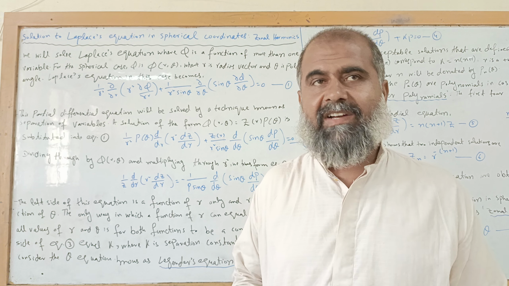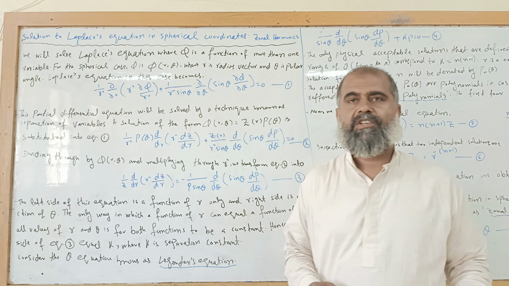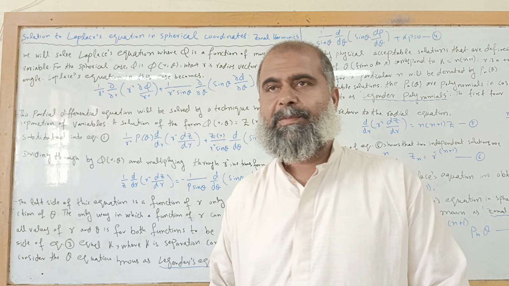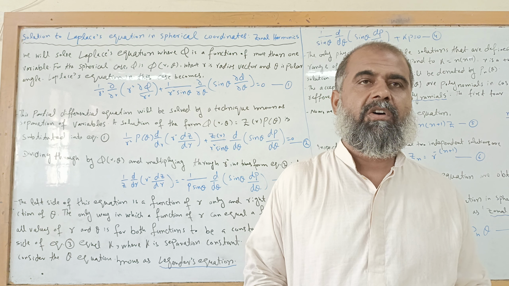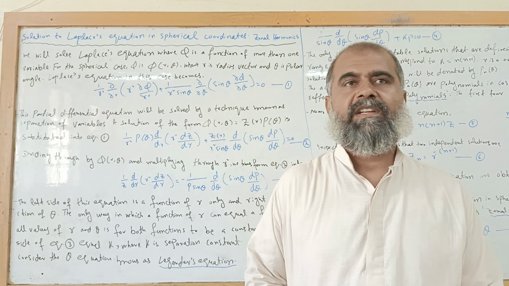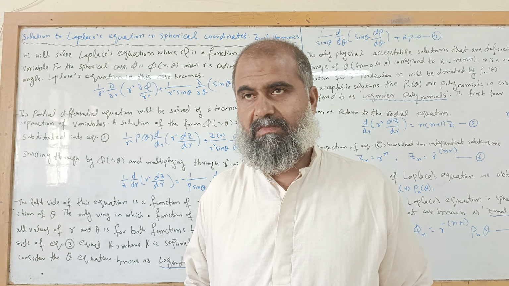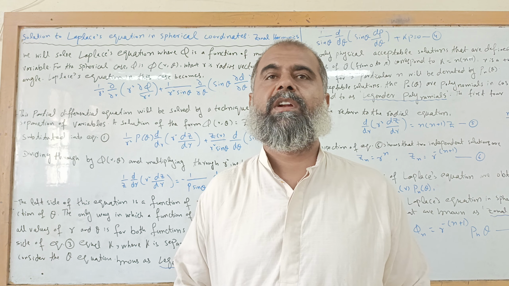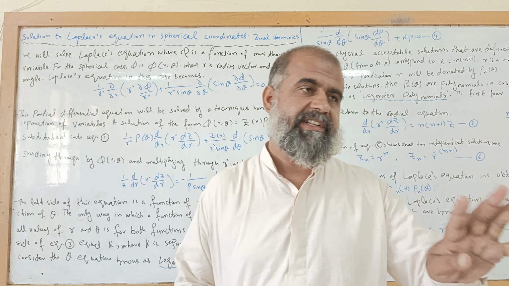Now, today, we will discuss an electrostatics topic, the Laplace equation. We have studied the Laplace equation and derived it, but now we are going to solve it in two variables, in two dimensions. In the spherical polar coordinate system, we have studied three types of coordinate systems.